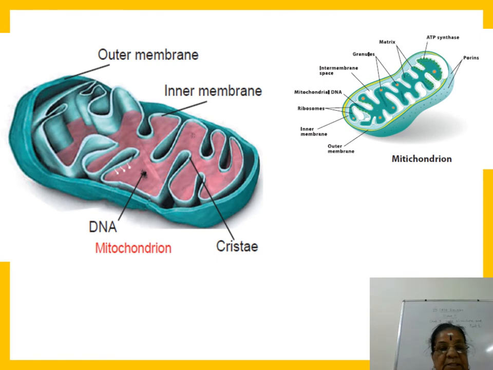Similarly, here, these lightly visible ones are the mitochondrial DNA. These folds are the cristae. The space between the white structures is the intermembrane space, and they are all called matrix. Are you clear? So this is for the mitochondria structure.